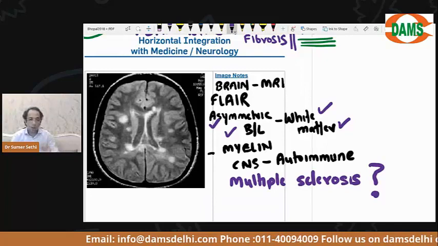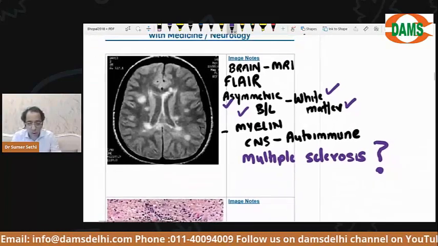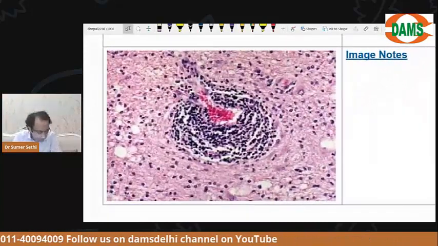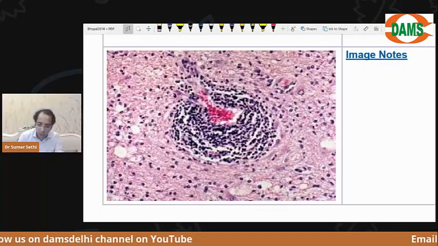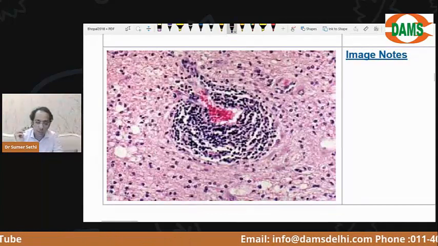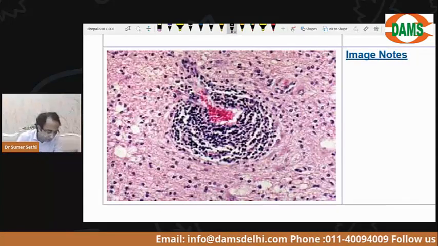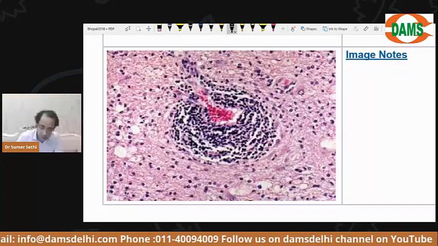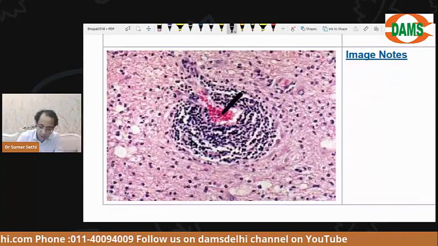To confirm, I need to look at the pathology slide. This is how multiple sclerosis looks on a pathology slide. Please see with me. This is a vein.